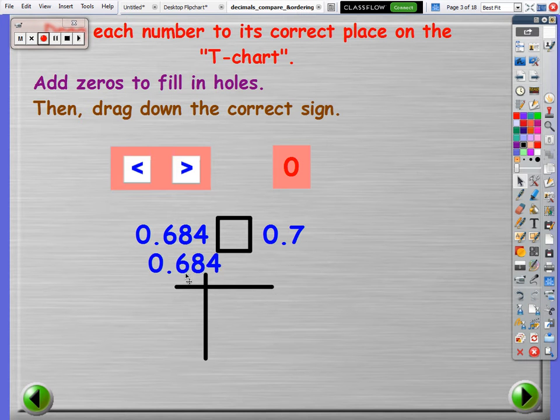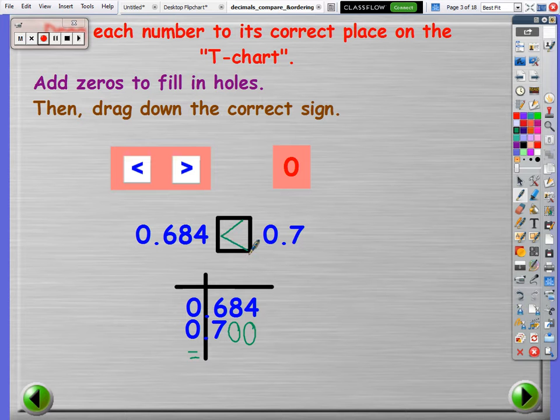I'm going to take my 6 and put it right on my decimal. I'm going to add my zeros. 0, 0. Now I'm going to compare. Zeros are the same. Oh, my 7 is bigger than my 6. So 684 thousandths is less than 7 tenths.